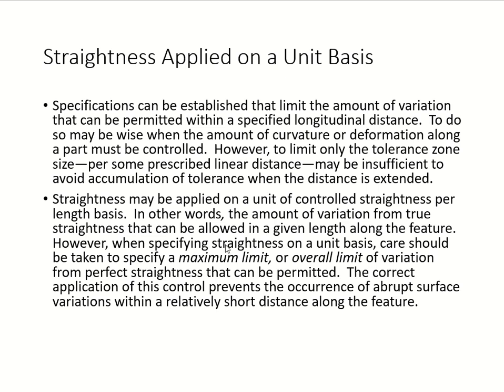But of course, when you apply the straightness on a unit basis, you've got to be careful to deal with the maximum limit, because the maximum limit has to still be within the allowed variation. That usually comes from the perfect straightness.